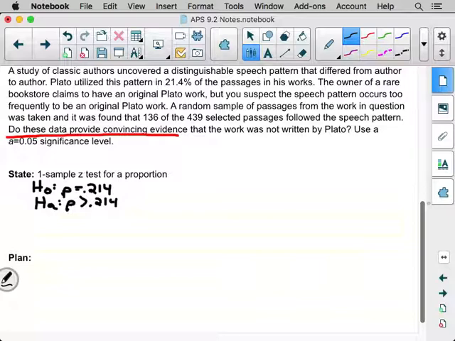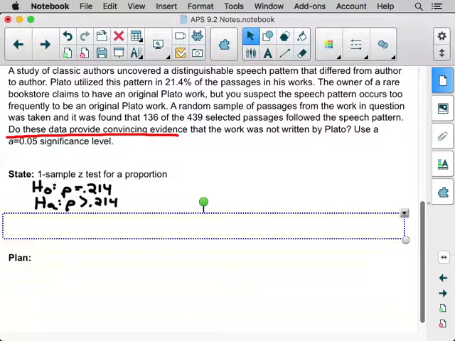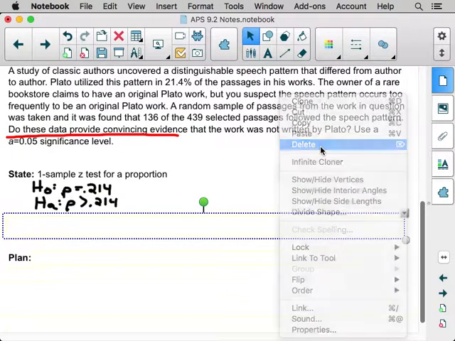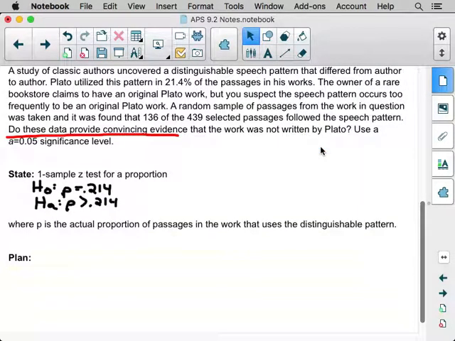So you do have to dive a little bit into the context and the phrasing of the question to sometimes figure out which direction this goes. If it's greater than or less than, comes from the context of the question. Okay? And then because we're throwing out this variable, don't we also have to establish what that variable is? Right? So that variable is going to be the actual proportion of passages in the work that uses that pattern.